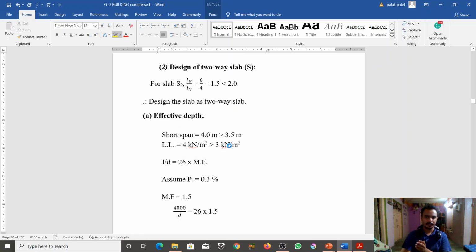Right now we will start the design of the two-way slab. How can we define that S2 is two-way? Simply Ly by Lx, where Ly means the longer span and Lx means the shorter span.